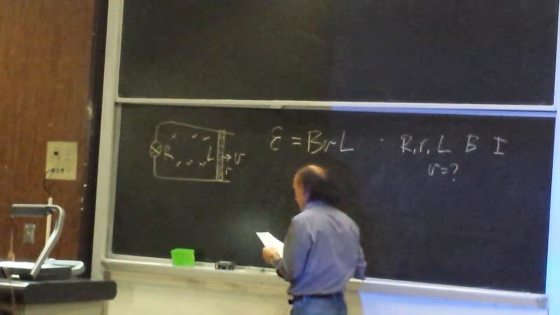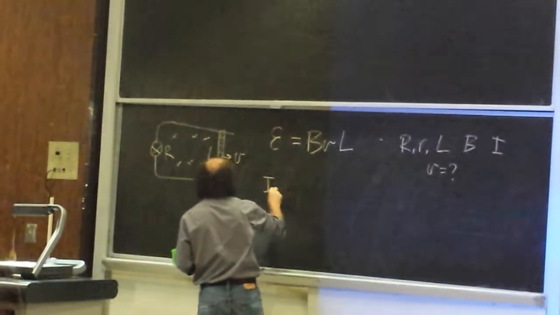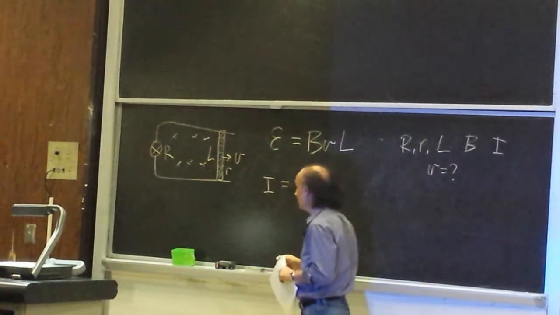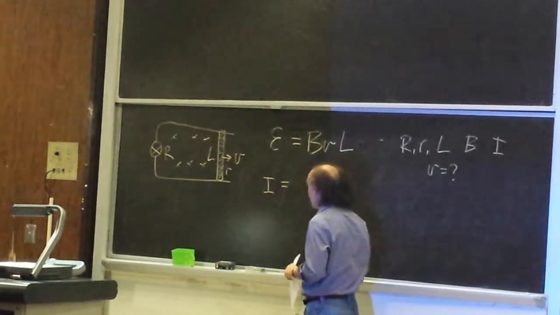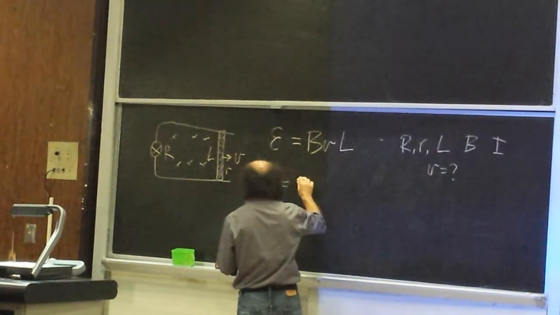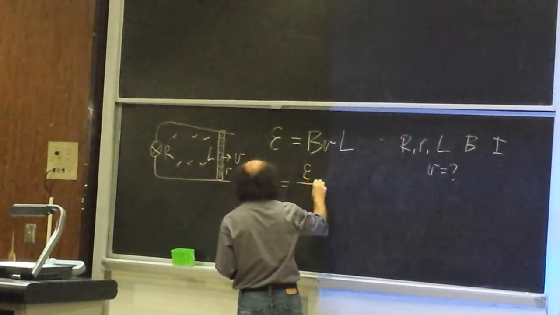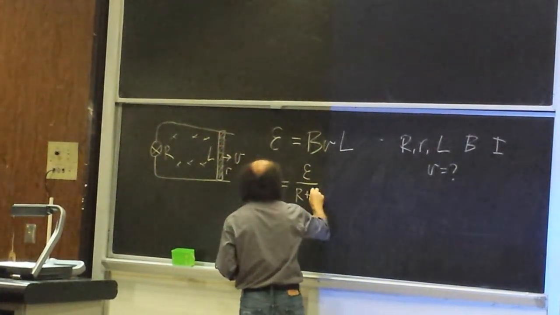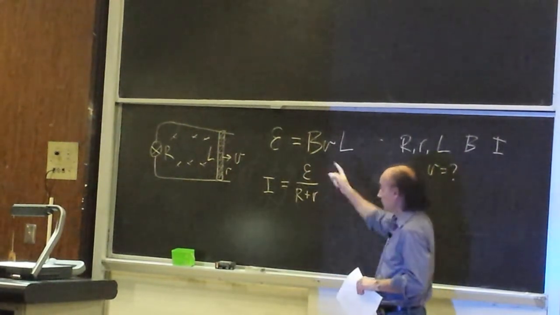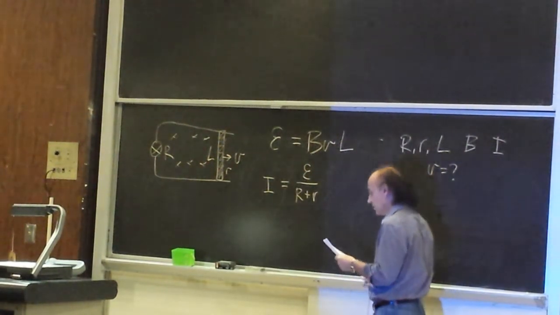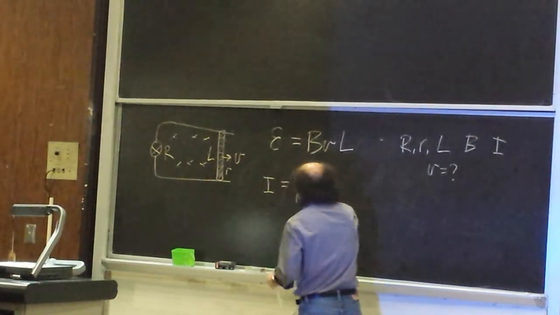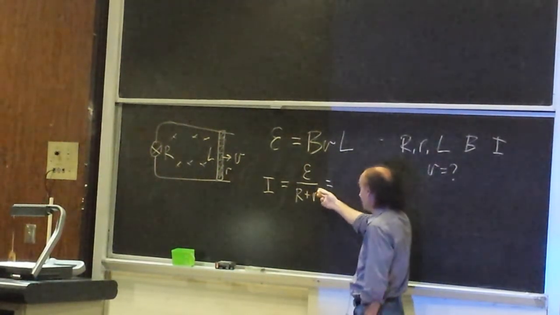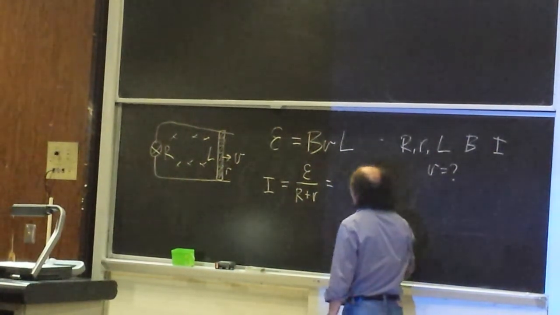Now again, total current is total voltage divided by total resistance, and this is the total voltage. Total resistance is the sum of external and internal resistances. But the total voltage, the electromotive force, is given by this formula.